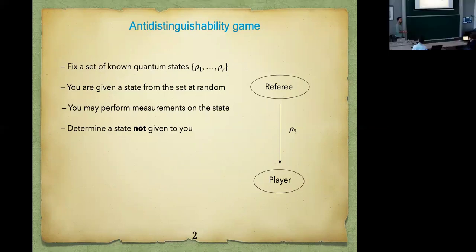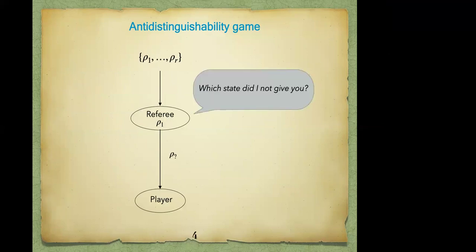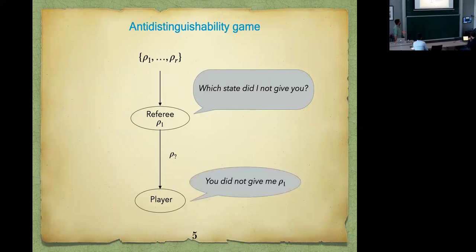Based on the measurement outcome, your task is to determine a state not given to you. So here's an instance. Suppose the referee has state ρ1 and gives it to the player and asks the question, which state did I not give you? If the player answers that you did not give me ρ1, he loses because clearly ρ1 was given to him.